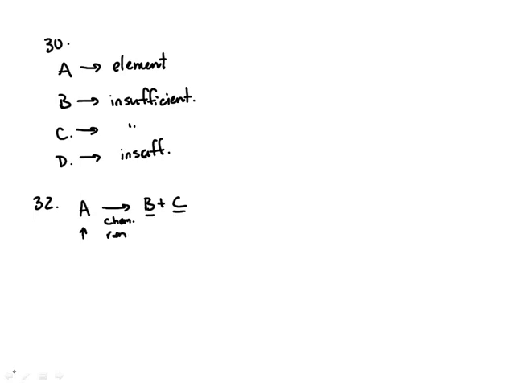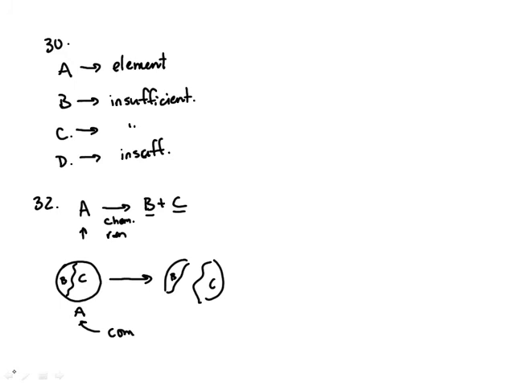Now clearly A was really some combination of B and C that, when we underwent a chemical reaction, separated into B and C. So that means A must be a compound because A was composed of more than one substance. But here's where things get interesting.